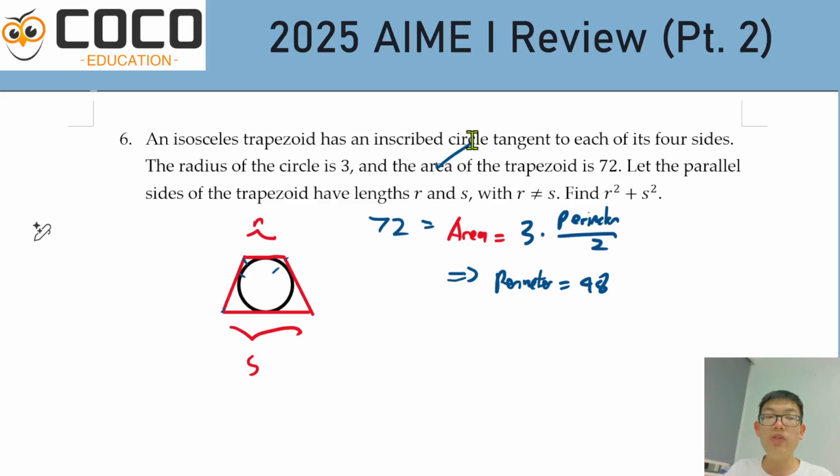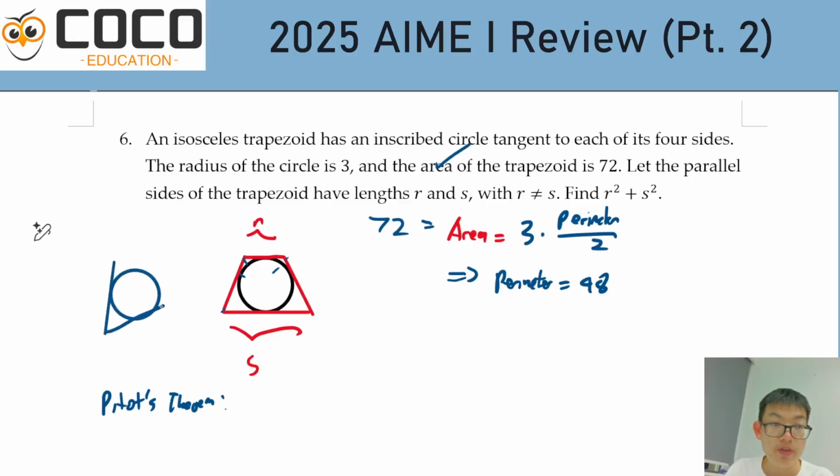I now also can use the incircle in another way, which is known as Pitot's theorem. Pitot's theorem just says that if you have a quadrilateral with an inscribed circle, the opposite sides are going to add up to the same total. And that is quite easy to show. In general, it's just because of equal tangents.